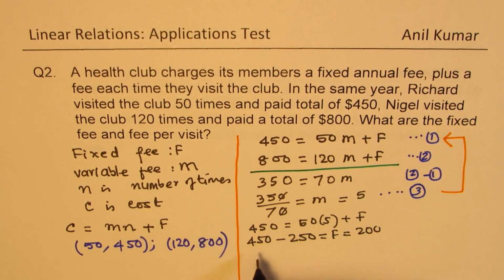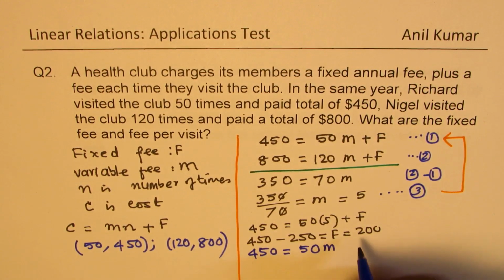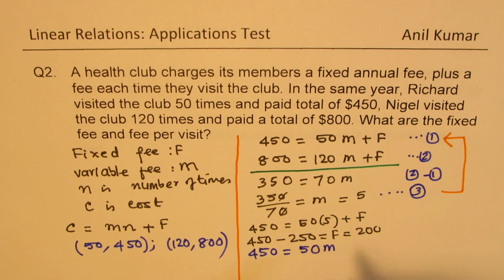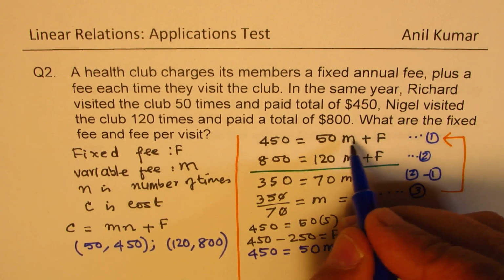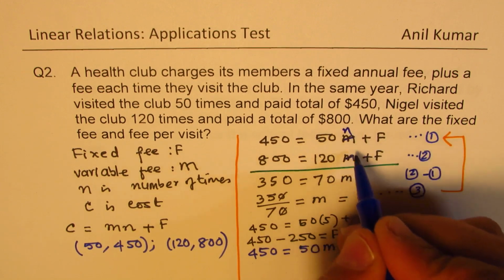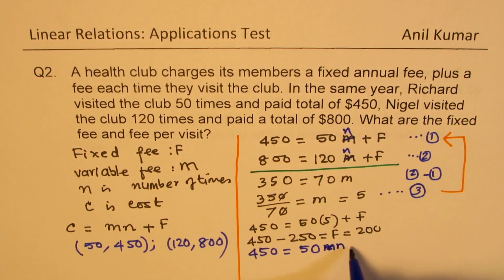So we get our equation, which is, let me write here, 450 equals 50 times n, I should have written n, the number of visits, right, plus the fixed cost of 200. Okay.